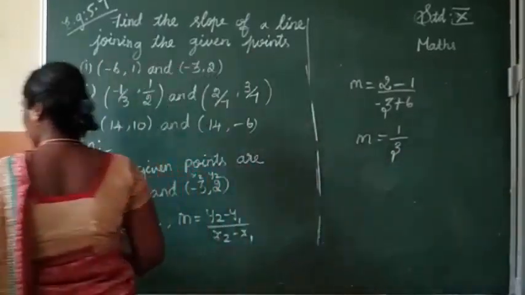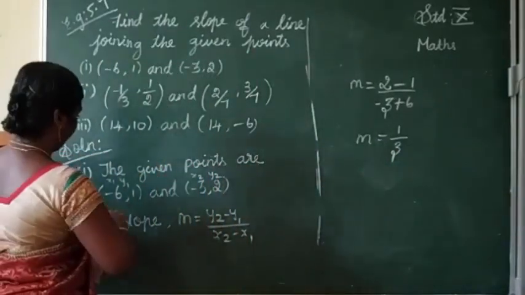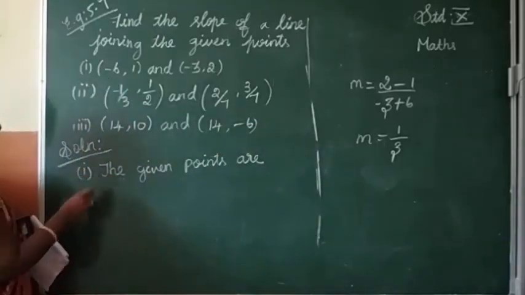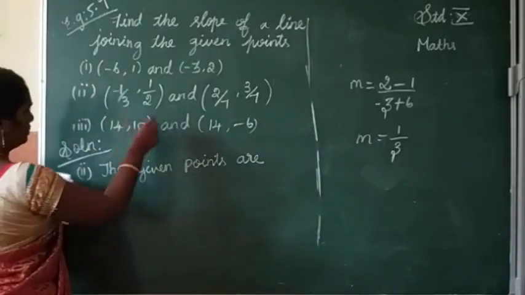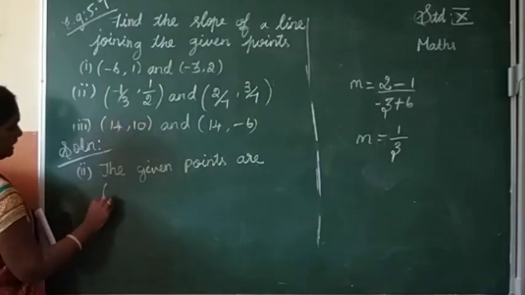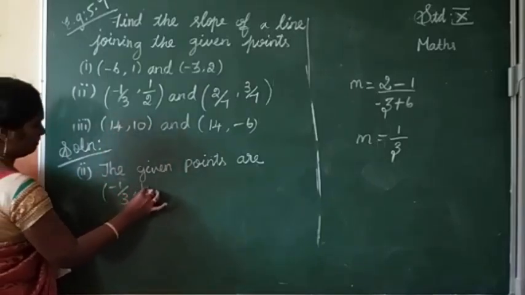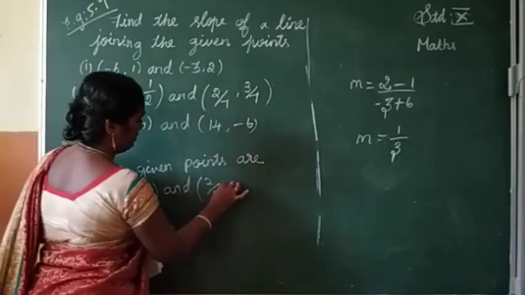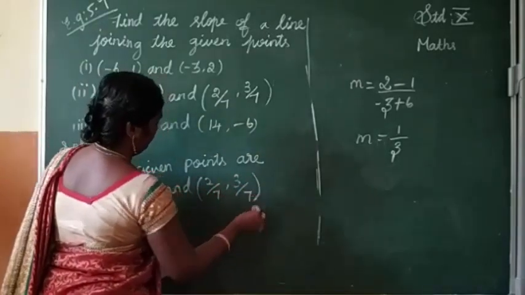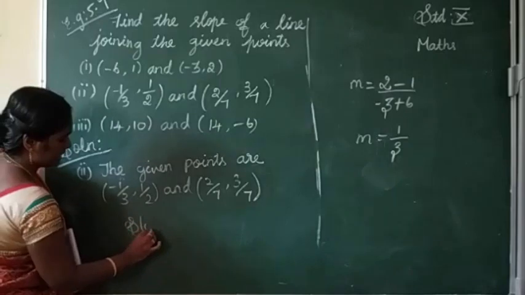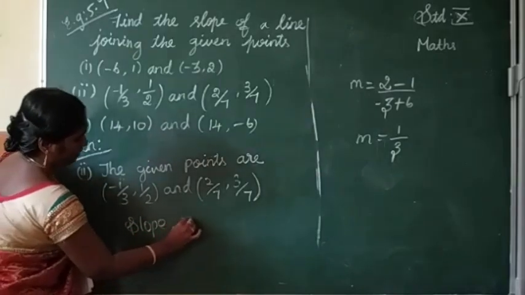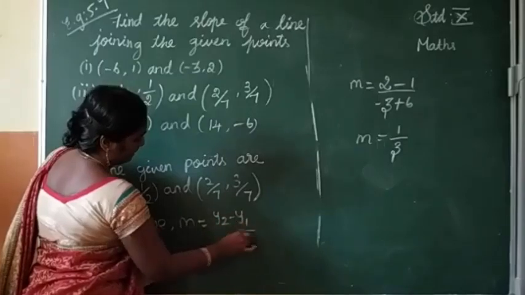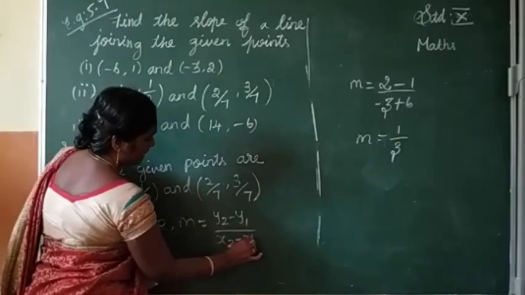Then the second case, here also 2 points, so mention the 2 points. The given points are minus 1 by 3, 1 by 2 and 2 by 7, 3 by 7. So formula is M is equal to y2 minus y1 divided by x2 minus x1.